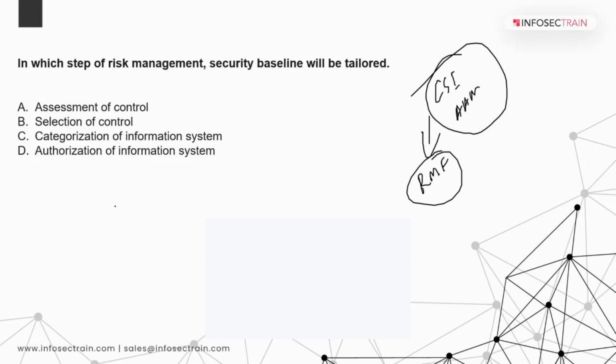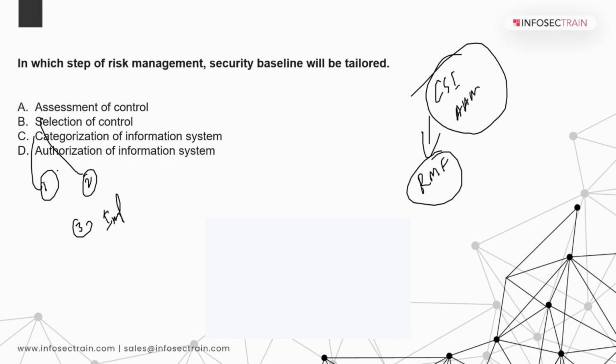First, categorize. Categorization of information system, right? Second step, selection. Third is implementation, right?